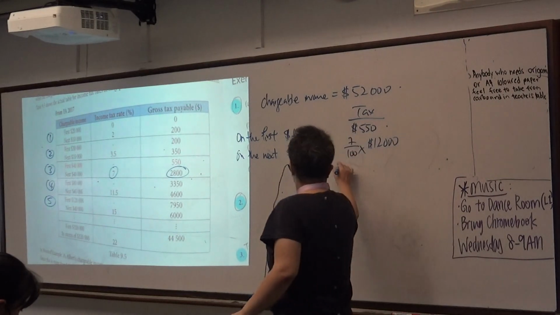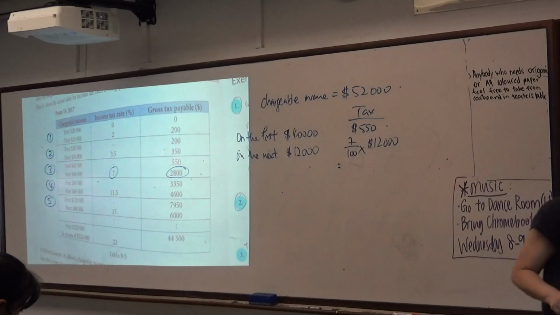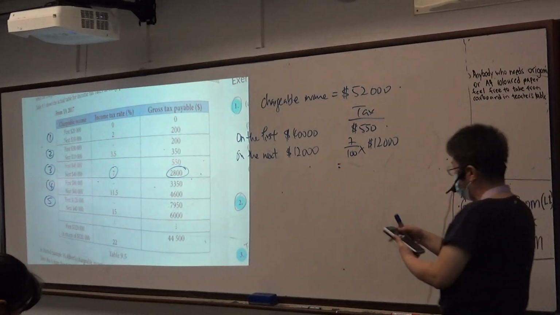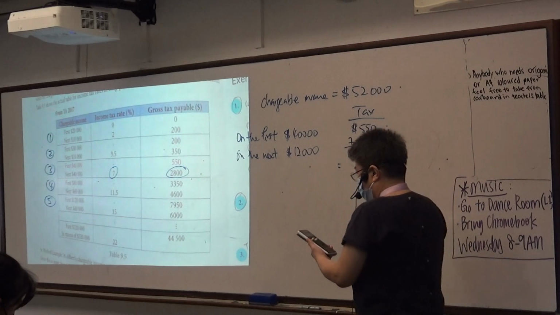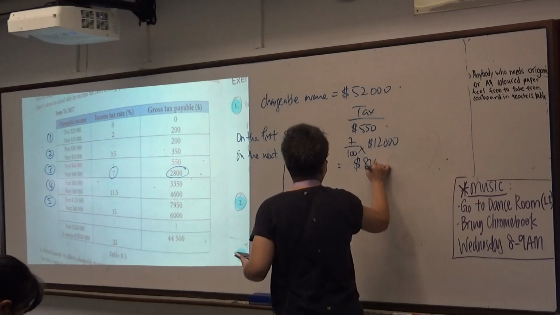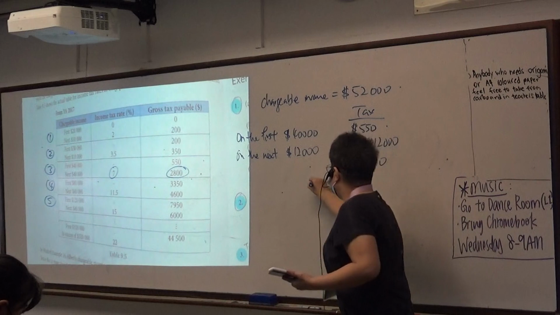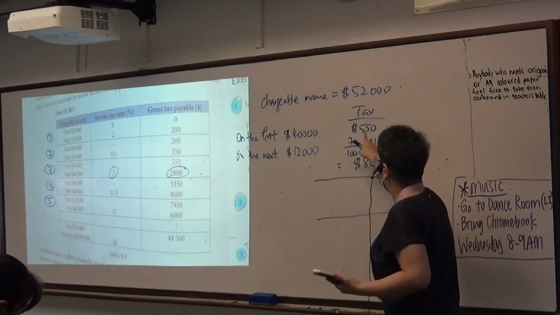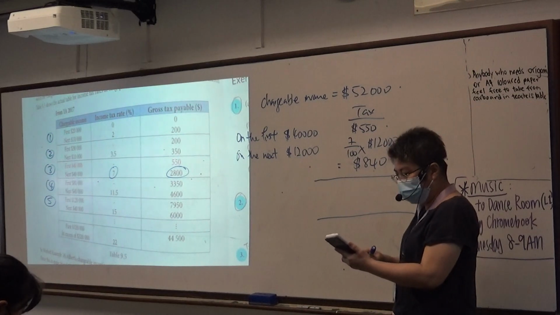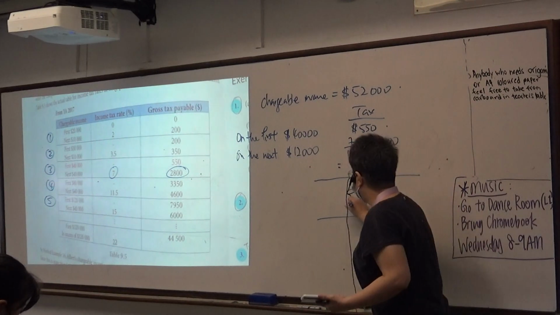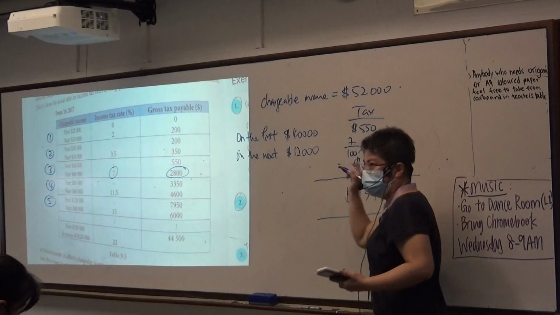Are you clear? Okay, 7% of this is 840. So what is the total tax that he has to pay? 550 plus 840, he will have to pay 1390.